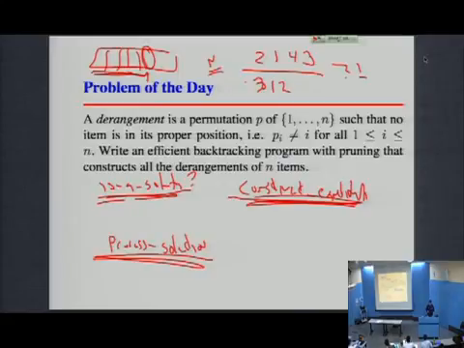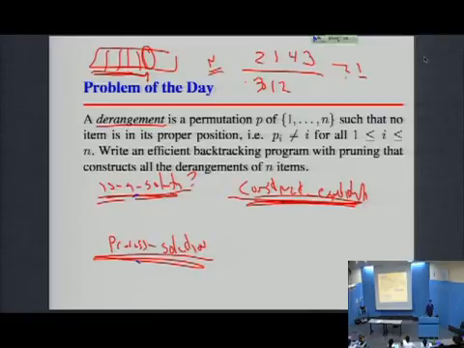Now, I want you to use that backtracking procedure to find all derangements. What should we tell each of these 3 subroutines to do in order to get derangements out of it? Any ideas?